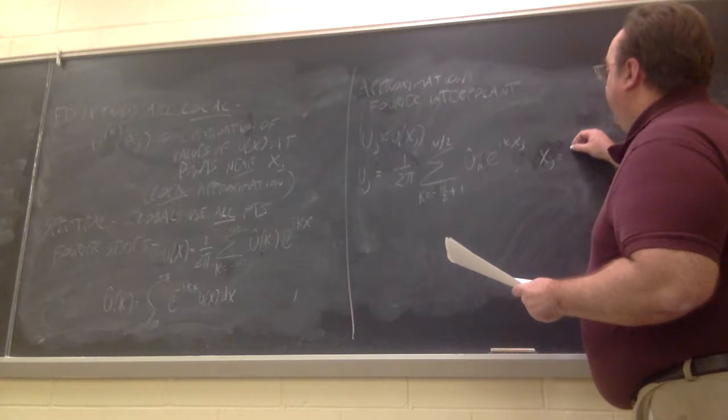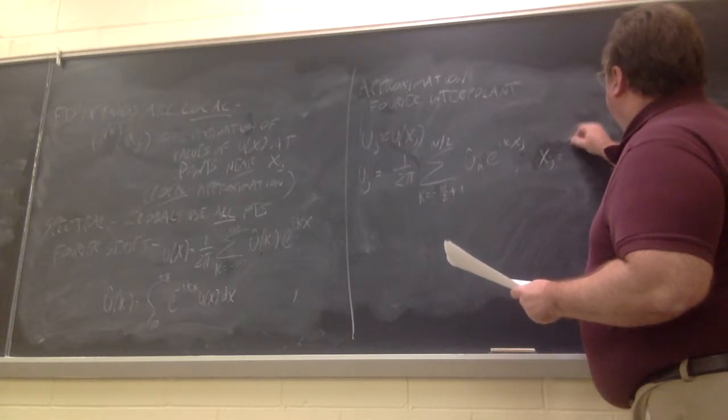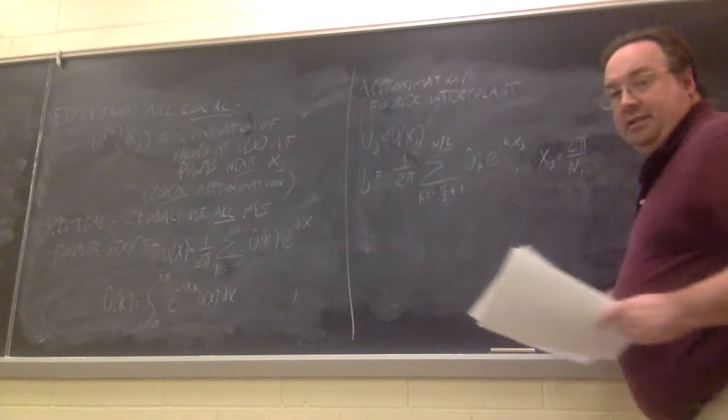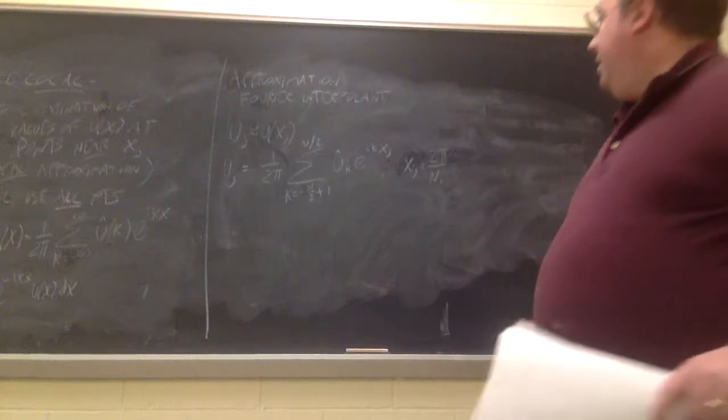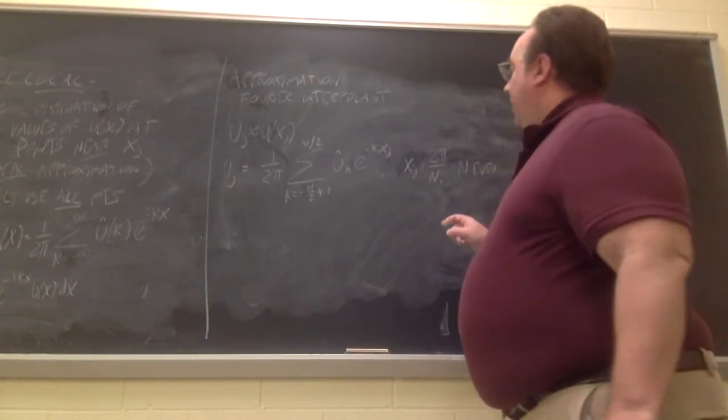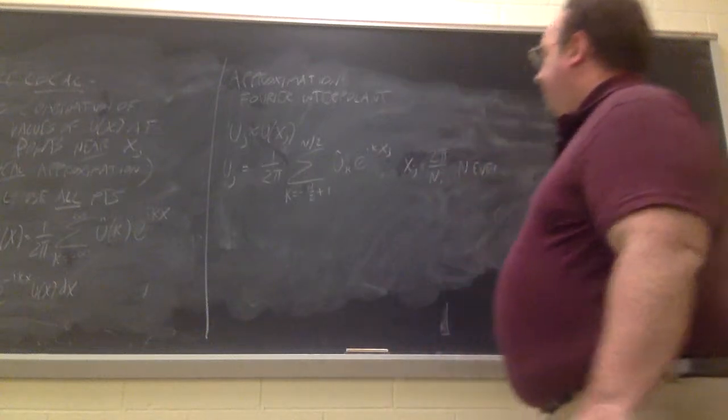So this is going to be 2 pi over n. And we assume that n is even. Thus, the n over 2 here.